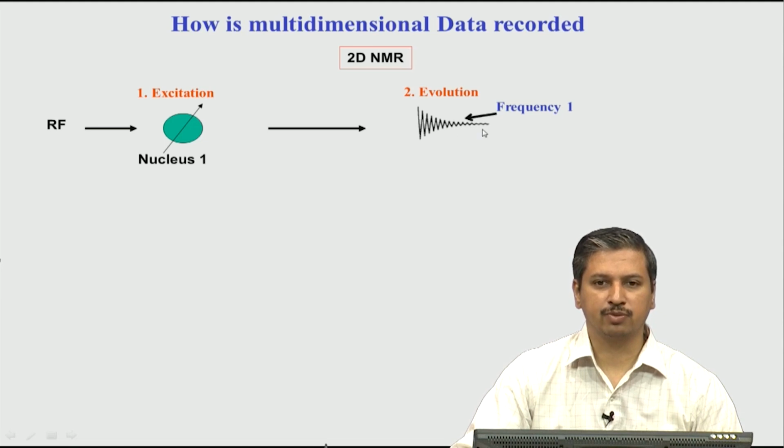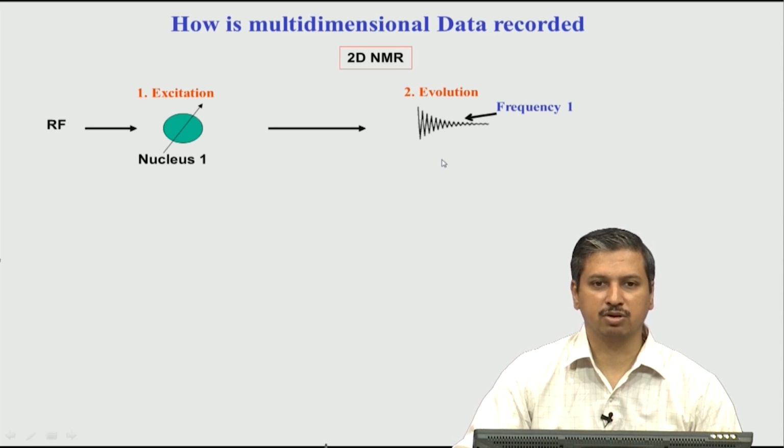We use the word evolution: we say that the chemical shift, which is the oscillation, is evolving, meaning it is happening in time. During that period, this nucleus 1 may be coupled to another nucleus by J coupling.